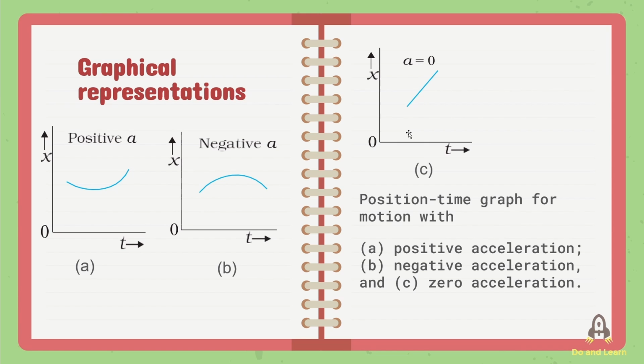There is no change in the velocity, the velocities v1 and v2 are equal, so v2 minus v1 is equal to 0. In that case the acceleration will be 0. Negative acceleration means retardation. Suppose you are applying a brake, the speed reduces, that's negative acceleration. If an object is moving with constant speed or constant velocity, the acceleration will be 0.